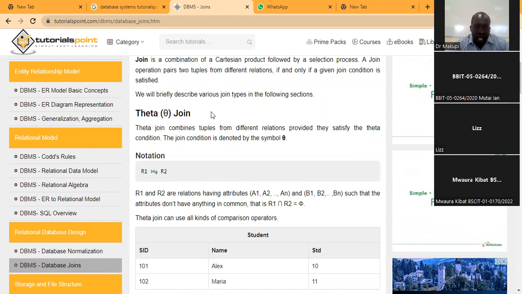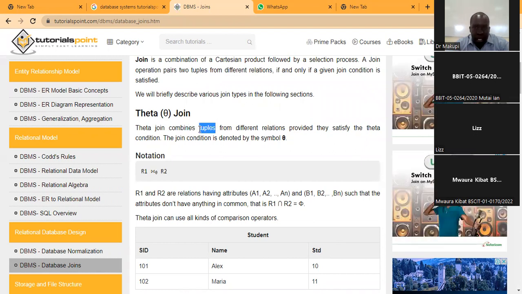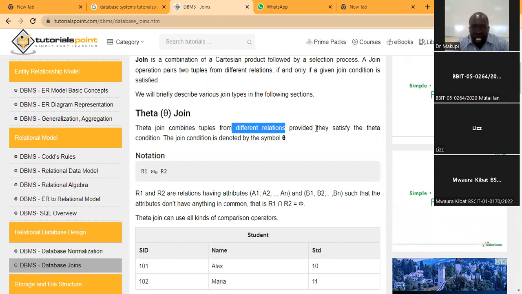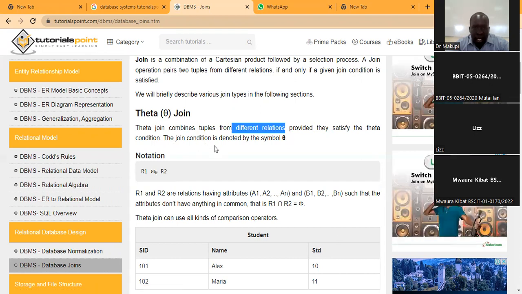So a theta join combines tables, and I say tables means columns in a relation or in a database table. A theta join combines tables from different relations, provided they satisfy the theta condition. The theta join is denoted by a symbol.